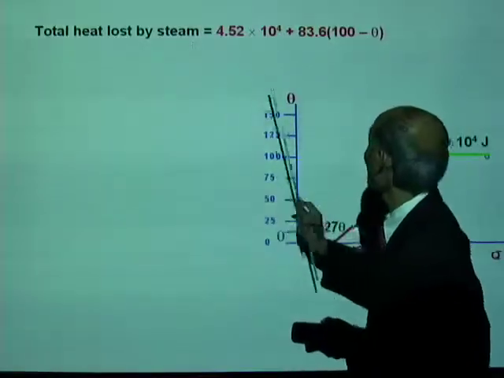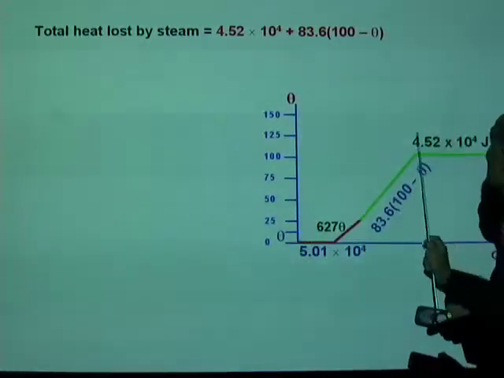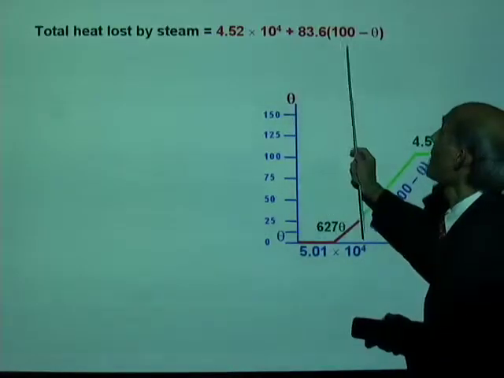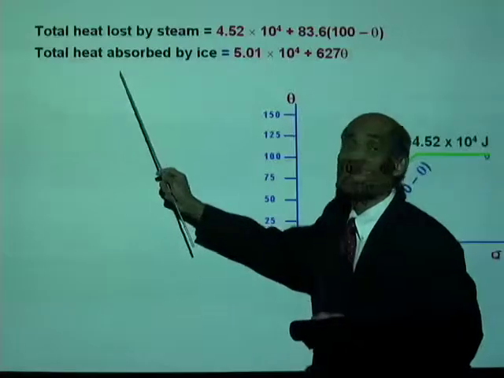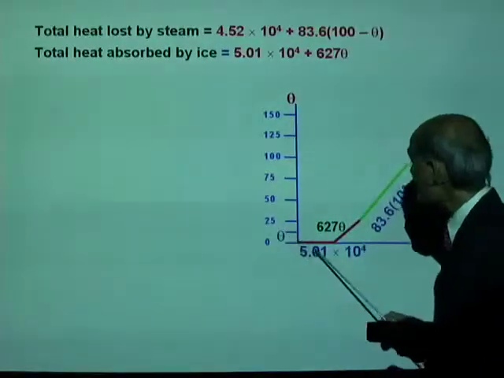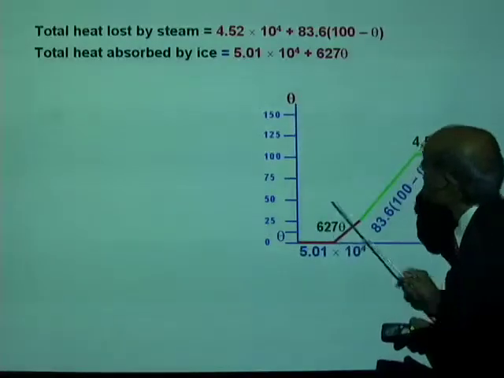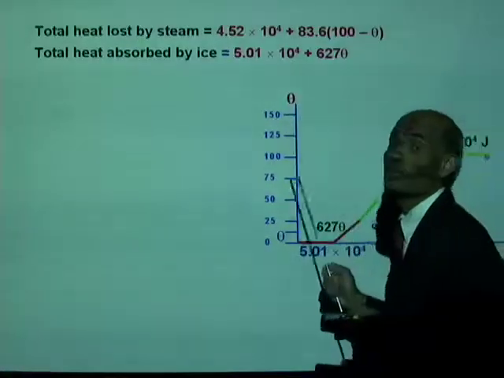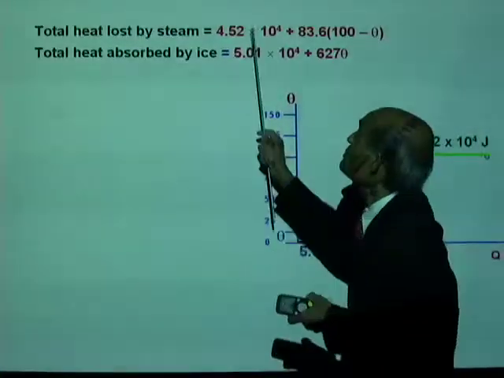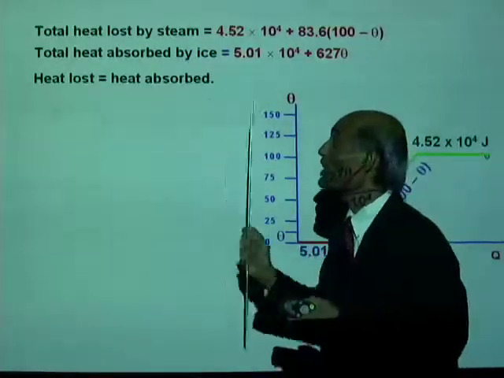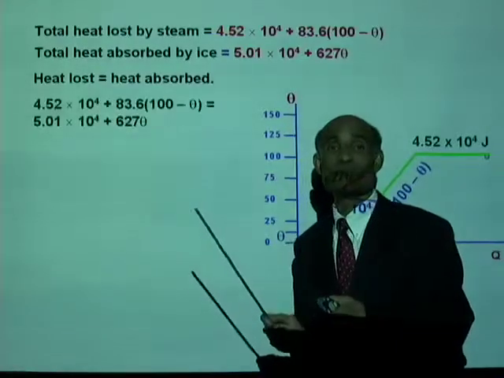Total heat lost by steam is this quantity plus this quantity. There you are. And the total heat absorbed by ice is this quantity plus 627 theta. There you are. And these two quantities must be equal to each other. Heat lost equal to heat absorbed.